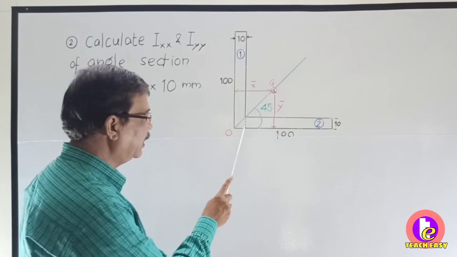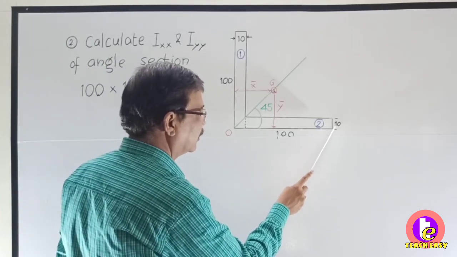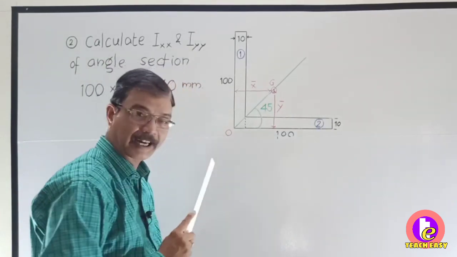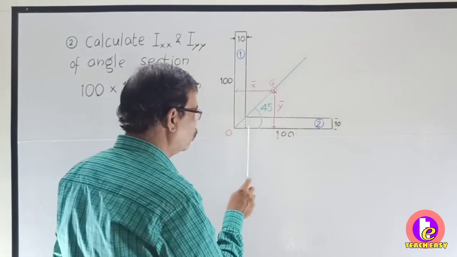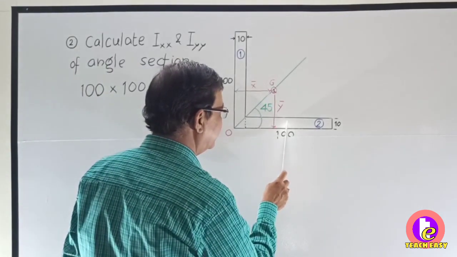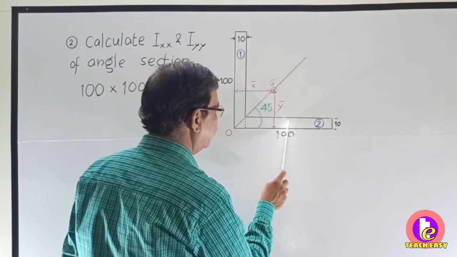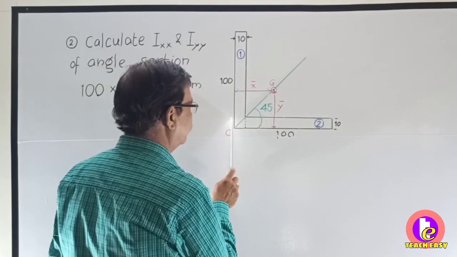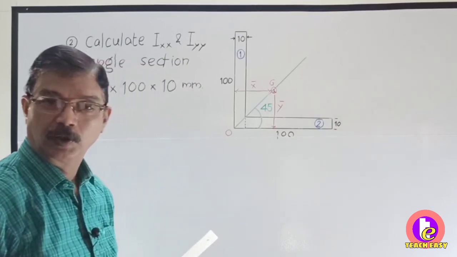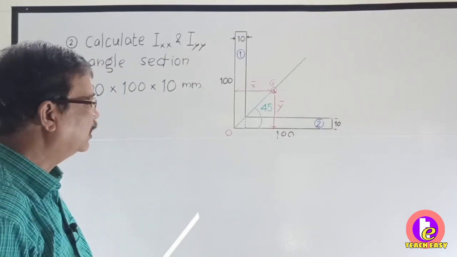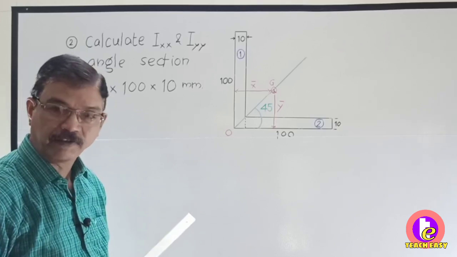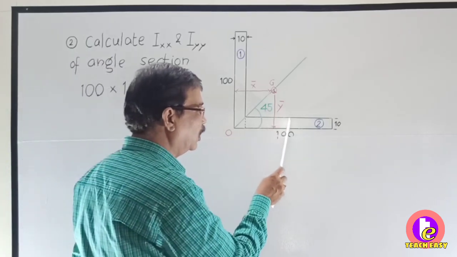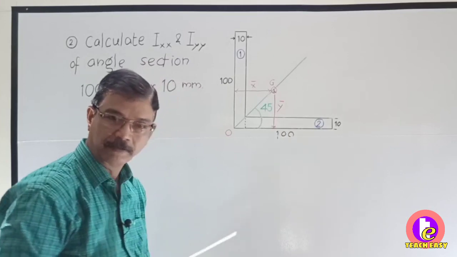So what is the area? 90 into 10, that is 900. What is x2? As this is 90, distance of centroid will be 45 plus 10 from here. So x2 will be 10 plus 90 by 2, that is 55. y2 will be 10 by 2, that is 5.